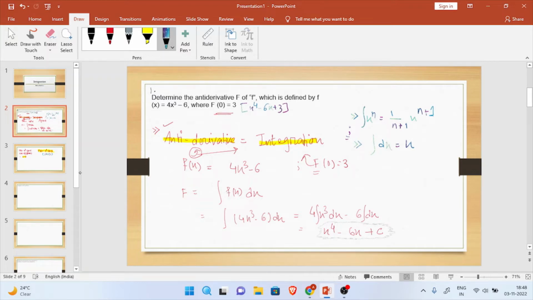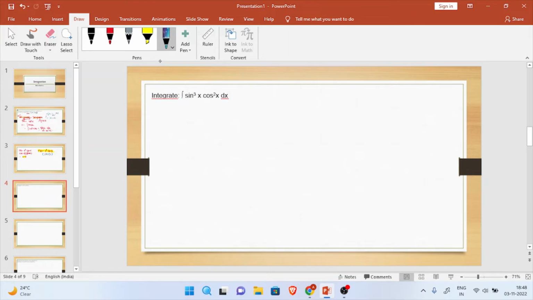I hope you got the first solution. Now we are moving to the next question, which says we need to integrate sine cube x, cos square x, dx.